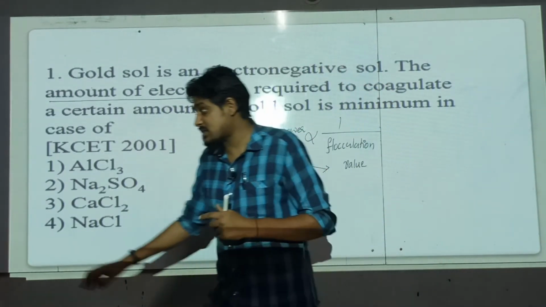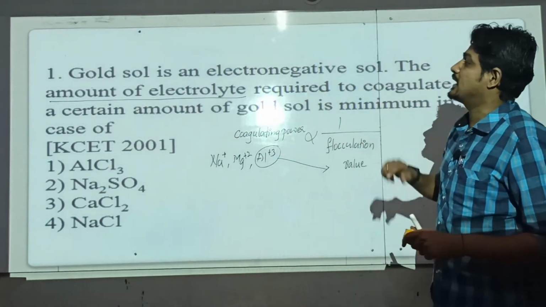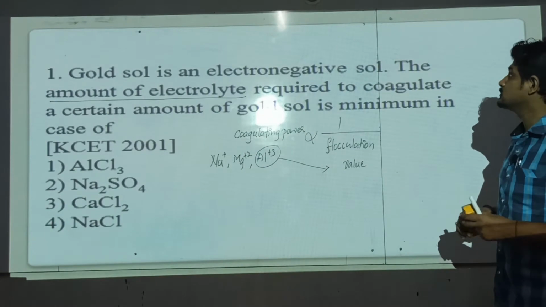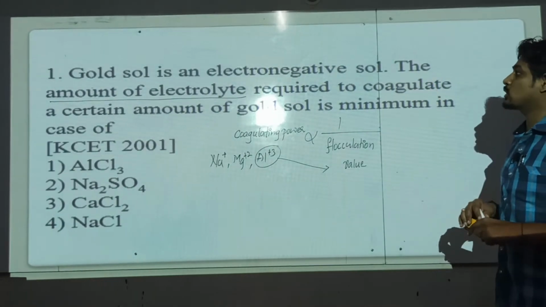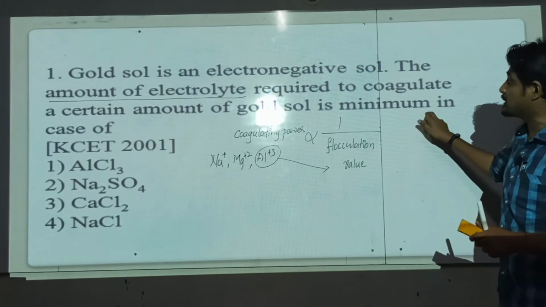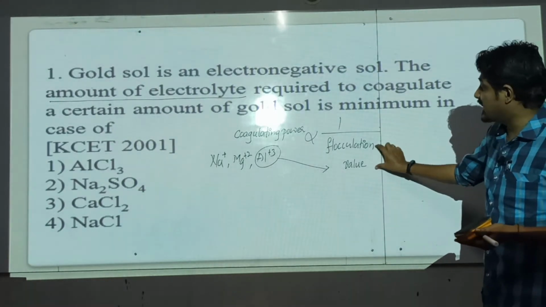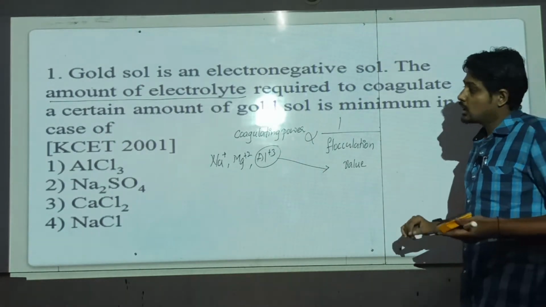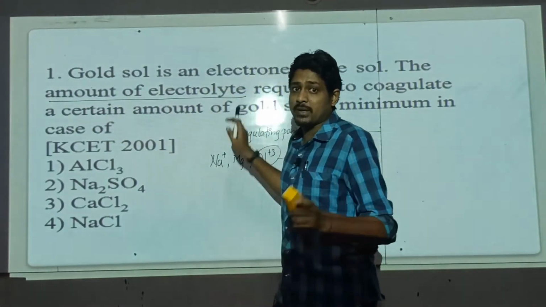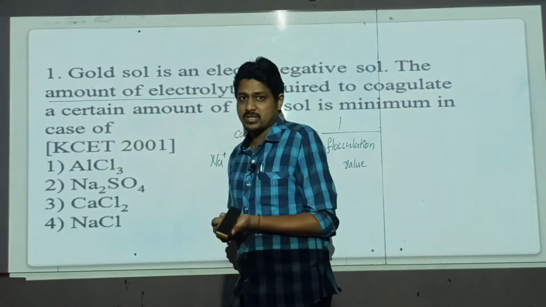Now as per this question, gold sol is an electronegative sol. The amount of electrolyte required to coagulate a certain amount of gold sol is minimum. They are asking for minimum, so the flocculation value should be minimum. Already they have mentioned gold sol is negatively charged, so all of these are positively charged ions.